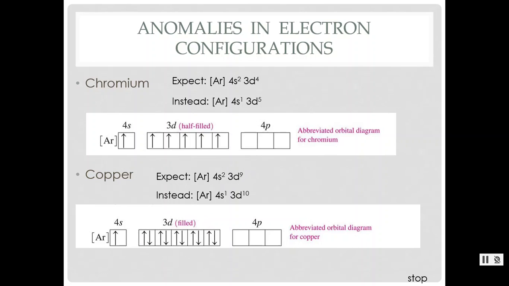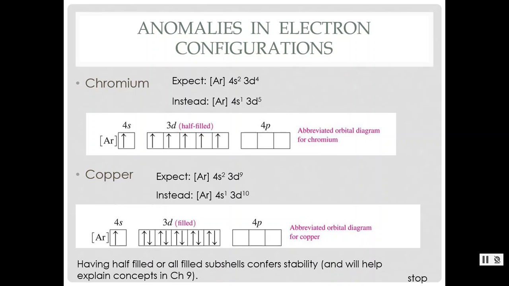So I pick these two examples for anomalies in electron configurations to share with you because it speaks to an important concept that there is something very stable about having half-filled or all-filled subshells, specifically d orbitals, for those transition metals. And having my 3d orbitals half-filled or all-filled explains why we see these anomalous electron configurations for chromium and copper.